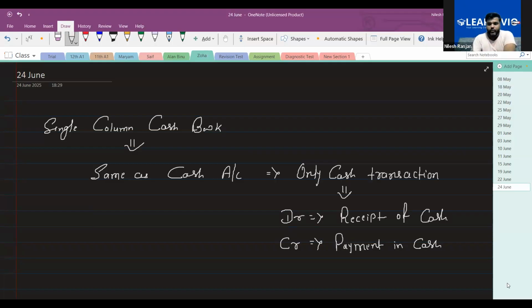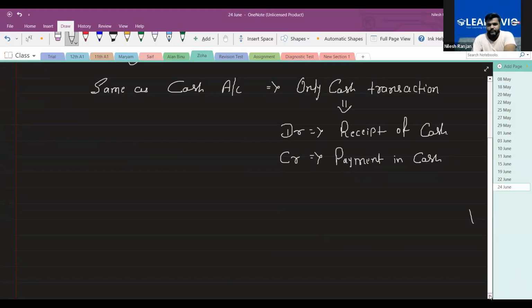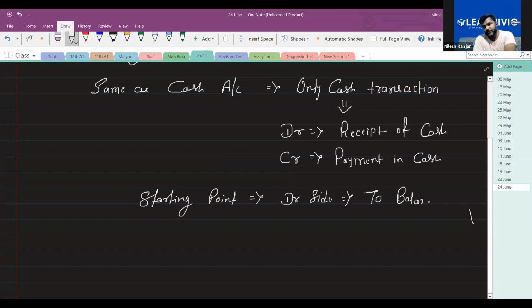Apart from this, there will be a starting point, the opening balance, generally on the debit side, because cash always has a positive balance. So on the debit side it will be 'To balance b/d', and this is the opening cash balance.